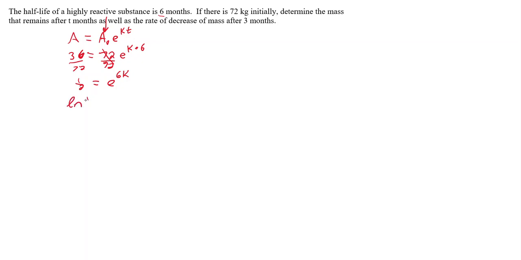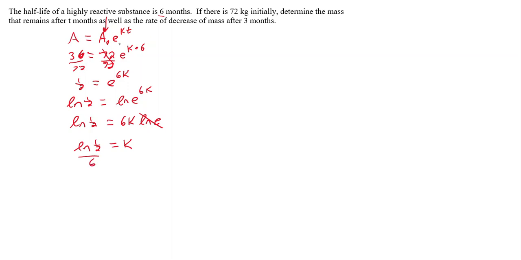So the natural log of a half is equal to the natural log of e to the power of 6k. So we get the natural log of a half is equal to 6k times the natural log of e, which cancels. So we get k is equal to the natural log of a half over 6.